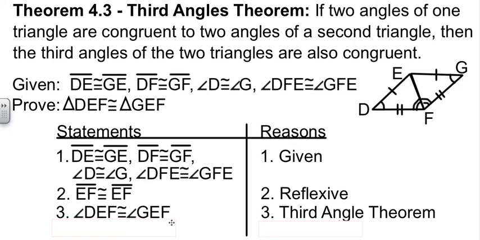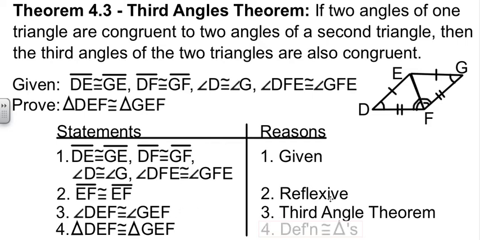We have three sets of matching sides. We have three sets of matching angles. So we can say that the triangles are indeed congruent because of the definition of congruent triangles. Remember, the definition said that the sides are equal and all the angles are equal, the corresponding ones.